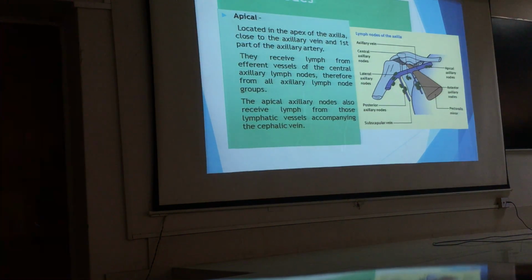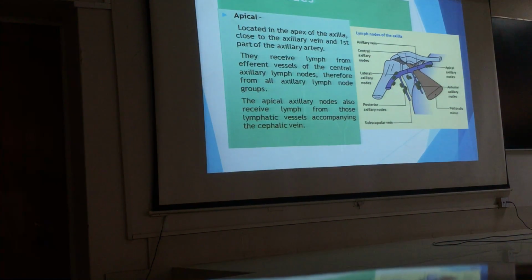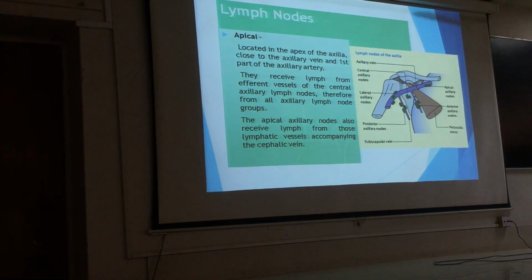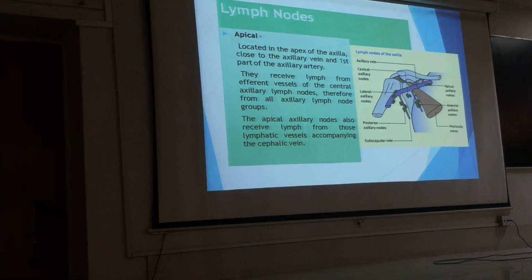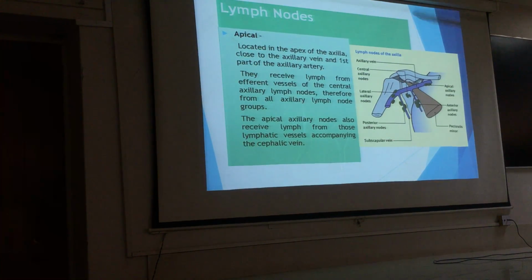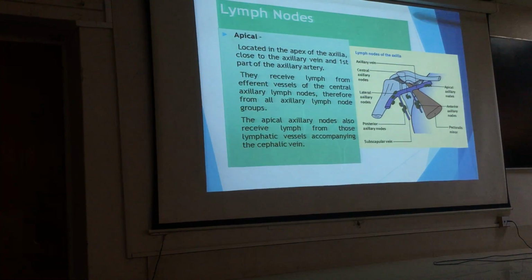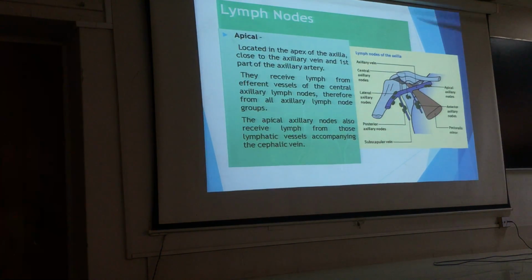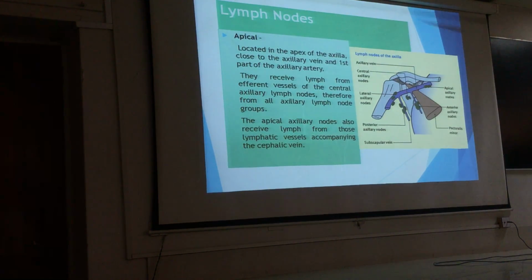Now this apical lymph nodes also receive the limbs. If you remember, हमने जो cephalic vein की थी, cephalic vein के साथ हमने किया था कि they cross the arm, they cross the shoulder, and then they go and drain into the apical and the infraclavicular group of the lymph nodes. So there are certain lymphatic vessels which are smaller, and they are also accompanying the cephalic vein.